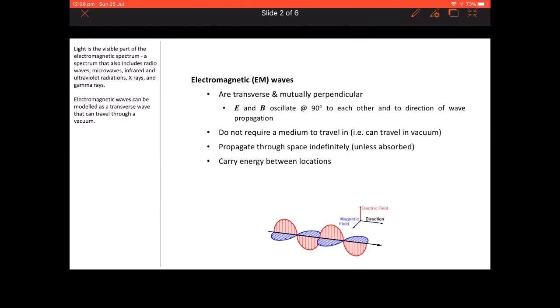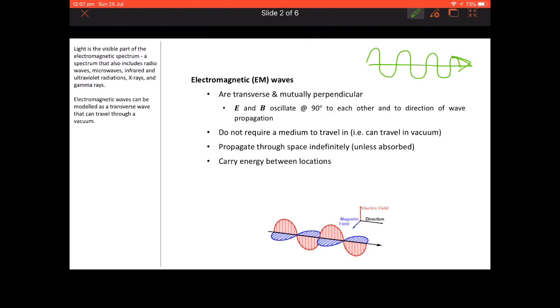So if you've got a wave that's travelling in this direction, the particles of the wave will travel perpendicularly to the direction of travel.